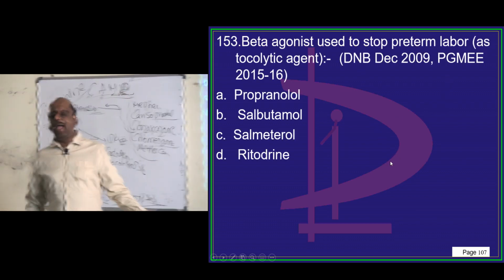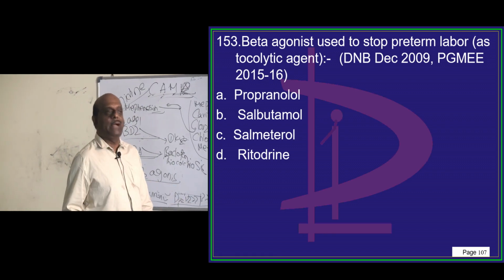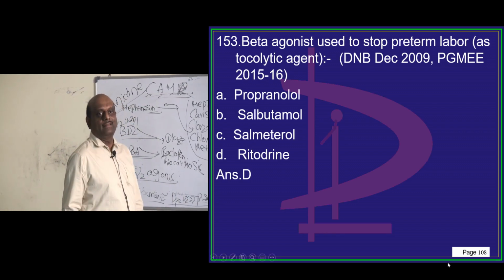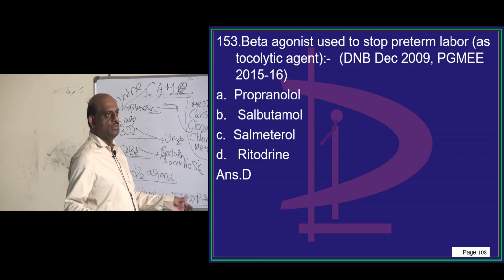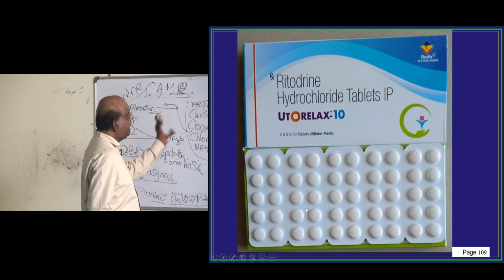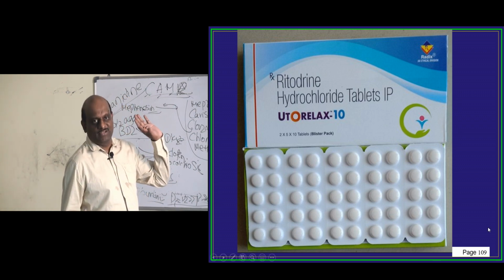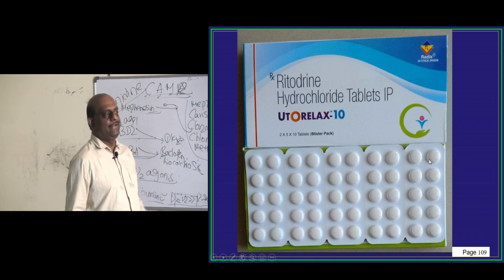Which is that beta agonist that we give to stop the preterm labor? Ritodrine classically. Just now we studied beta 2 agonism leads to smooth muscle relaxation in the uterus. So these are the Ritodrine tablets, doctor. Utero Relax 10. Very commonly given drug.